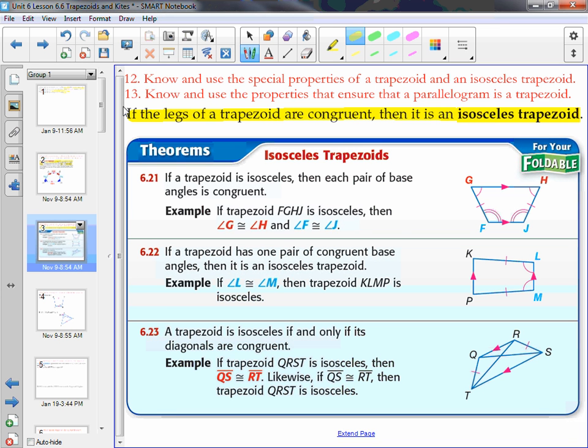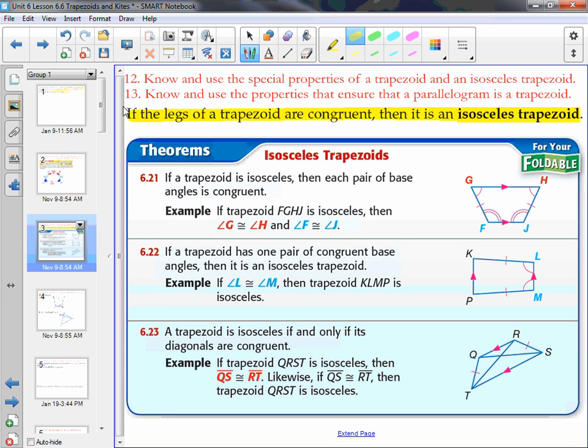In a trapezoid, the bases are never congruent. Okay? So, remember, trapezoids are not parallelograms. They do not have any of the properties of parallelograms. The only thing a trapezoid has in common with a parallelogram is that they're quadrilaterals. There are no other properties in common.